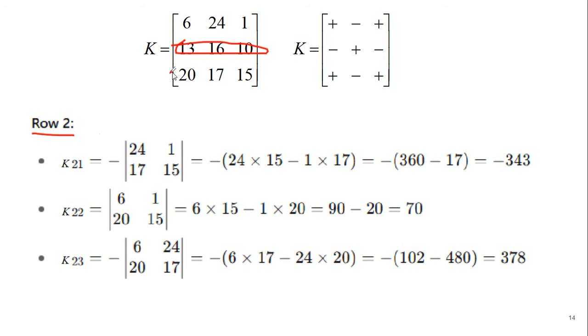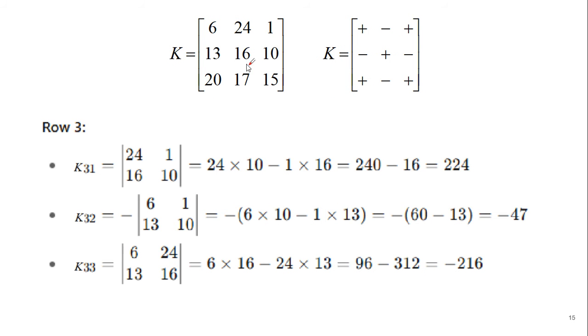Then next we skip the middle one, so 6 into 15 and 20 into 1, taking the corresponding elements. And for the third we skip the last, so 6 into 17 minus 20 into 24. For the first and last element the answer is -1 because its minus sign is there. In this way we will do row 3. For row 3 our signs are plus, minus, plus.